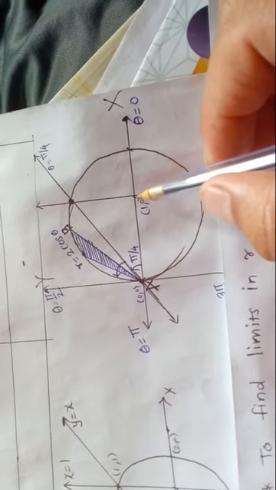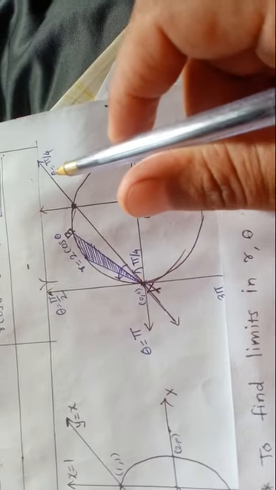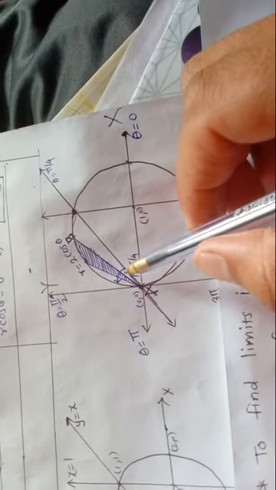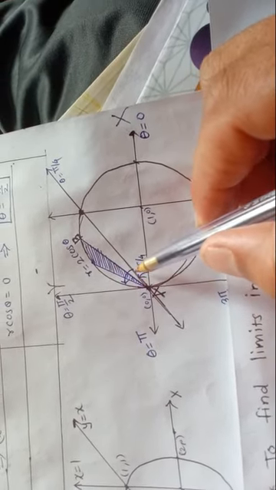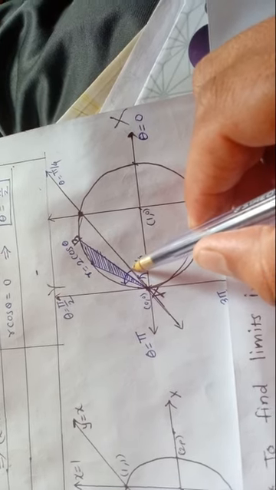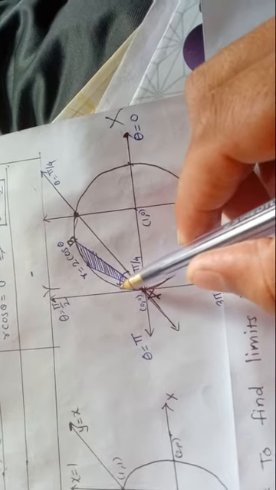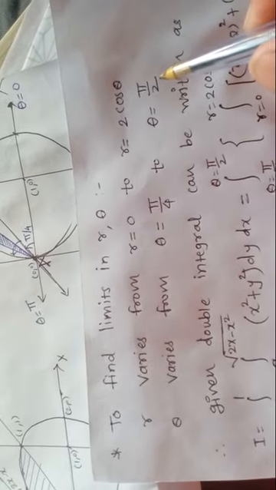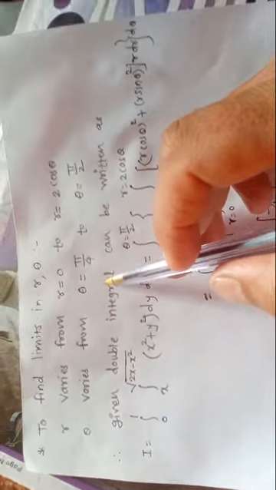Now we can observe that the angle between this line, the line y equals to x, and the x-axis is nothing but pi by 4. But our region of integration is this, and for this region our theta is moving from the angle pi by 4 to the angle pi by 2. So our theta varies from theta equals to pi by 4 to theta equals to pi by 2. Now we got the limits of integration.